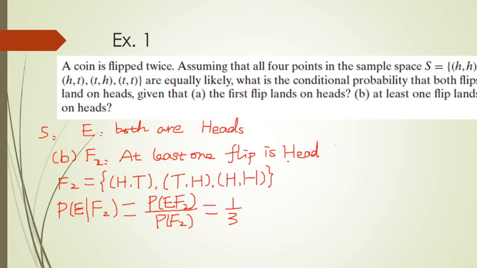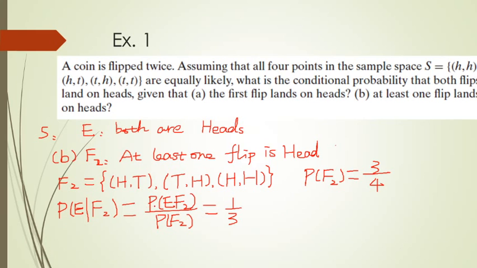It's a pretty easy question about conditional probability. And yes, it's true that the probability of event F2 is 3 over 4.